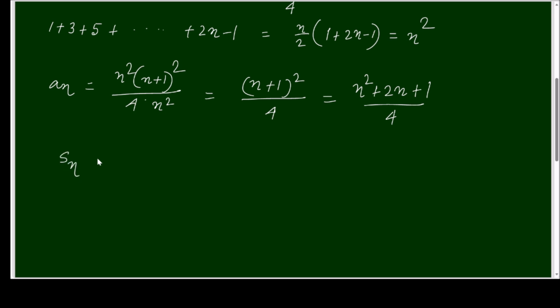So Sn will be 1 by 4, summation n square plus twice summation n plus summation 1, where n is 1 to n.